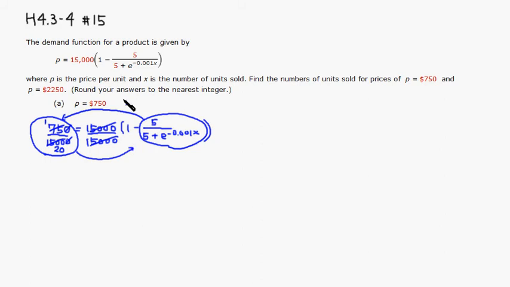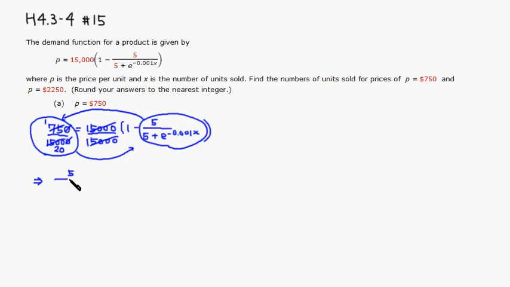This can be done by adding 5 over (5 plus e to the negative 0.001x). It used to be negative on the right, but if you bring it over to the other side, it becomes positive.